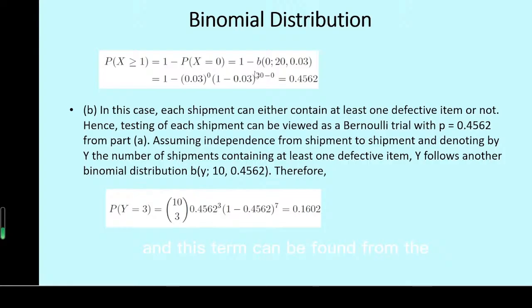And this term can be found from the binomial distribution table, or we can just calculate manually. So the result is about 0.4562, which is the probability of at least one defective in the 20 items, right?